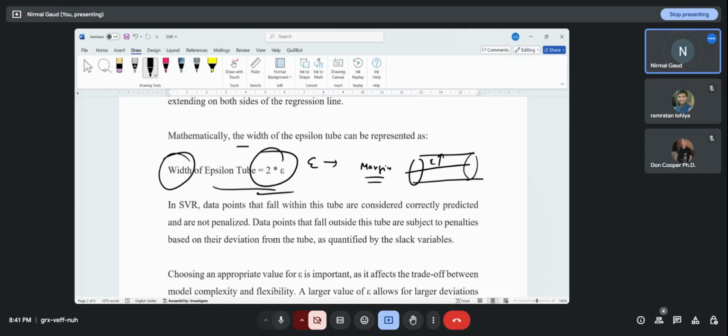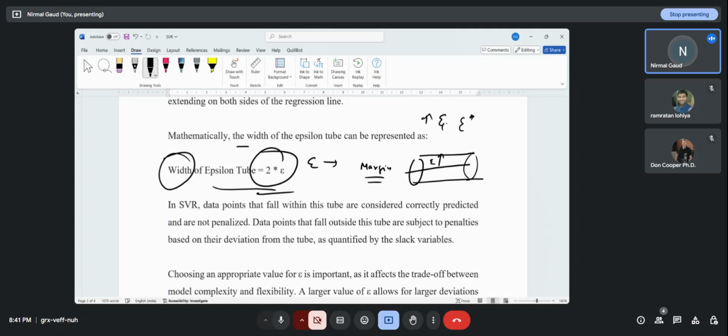That's what has been considered here, and other terms are slack variables. The points which are above the epsilon tube are said to be slack variables. Below the epsilon tube are also called slack variables. They are represented as slack and slack star.